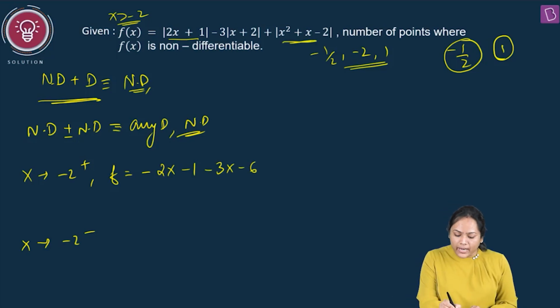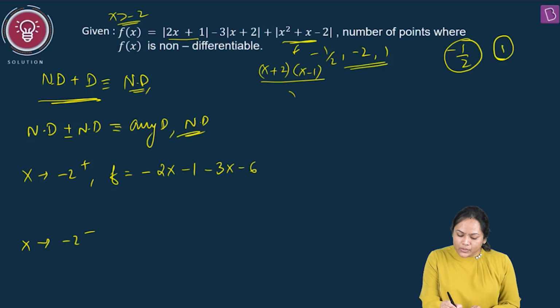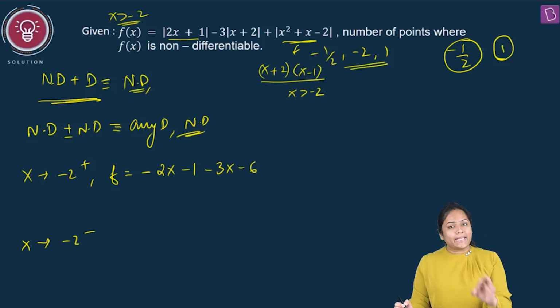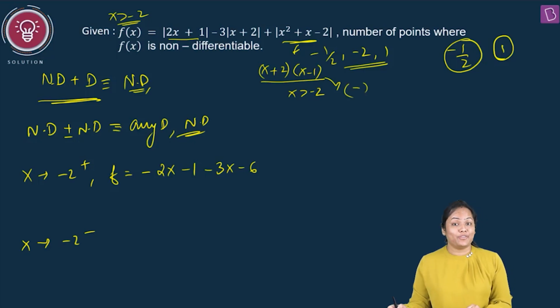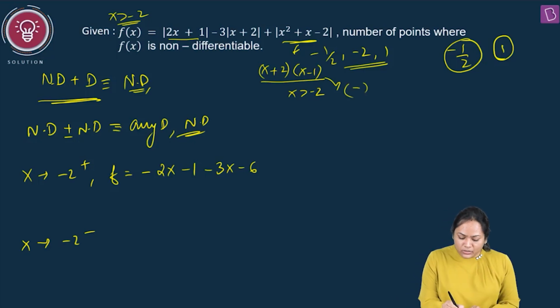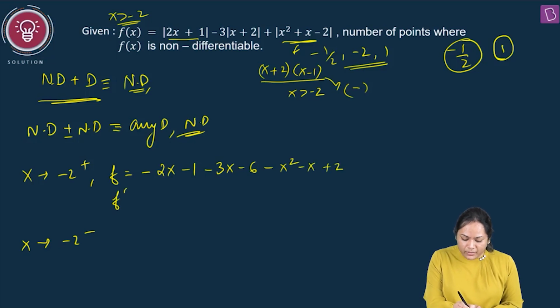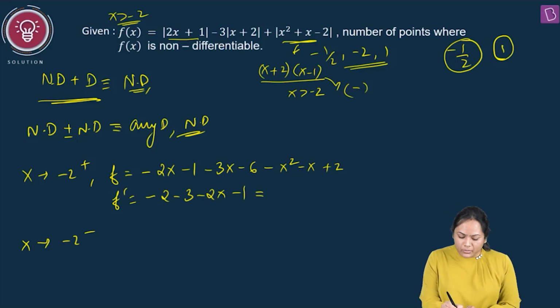And when I look at the quadratic, I have two terms, x plus 2 and x minus 1. When x is greater than minus 2, this part definitely is going to be negative, right? Perfect. So this is going to open again with a minus sign. So when I find my f dash, it's going to become minus 2 minus 3 minus 2x minus 1. So the value will come out as minus 2x minus 6.